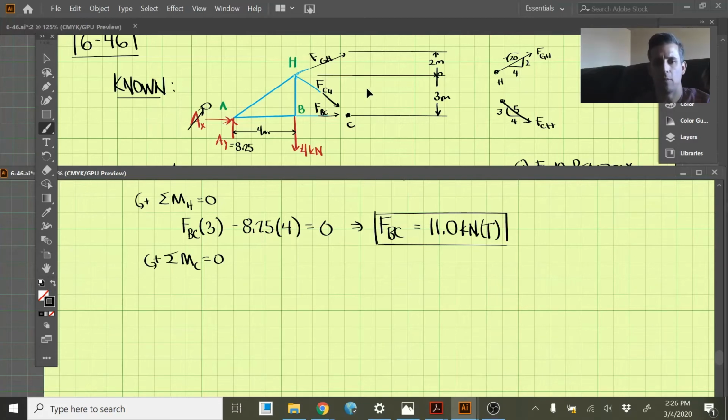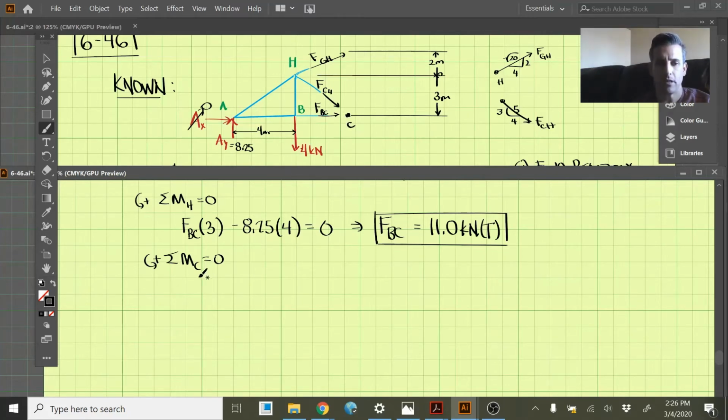We can take the moments around some arbitrary point that's not one of the dedicated points in the problem, and it would still work out, even though the equations may be a little complex. So let's do that. Sum of the moments around C, and FBC and FCH both pass through C, so they're not going to create a moment around C.